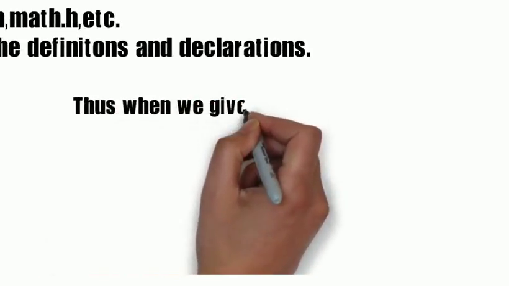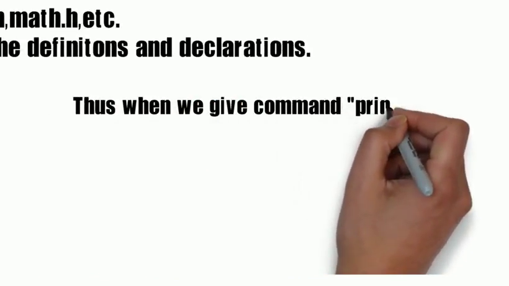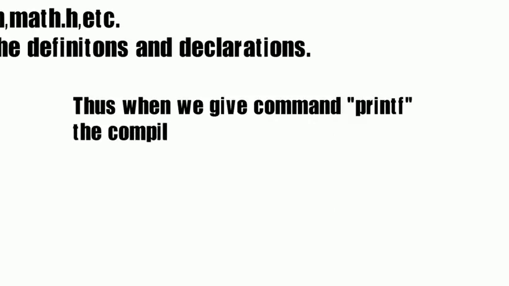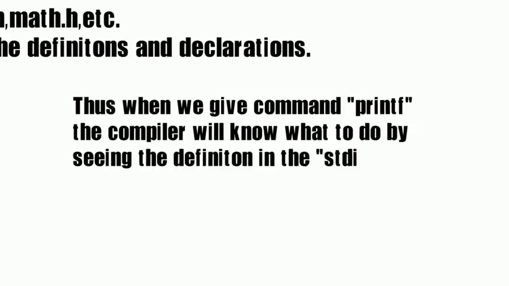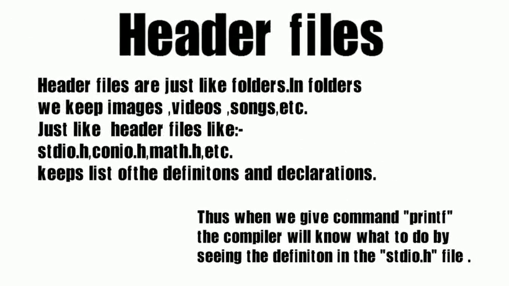Thus, when we give the command printf, the compiler will know what to do by seeing the definition in the stdio.h file. We can assume header files are just like books which are placed in the C library.